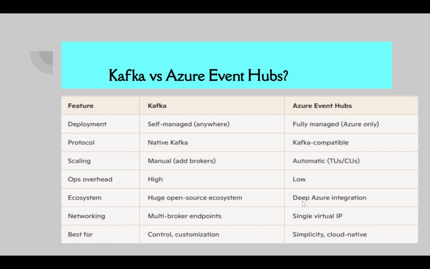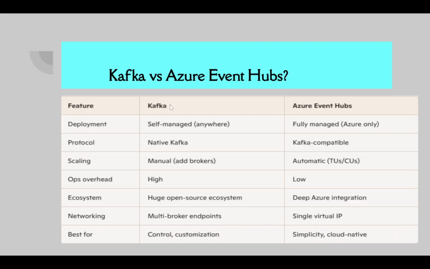And Azure Event Hubs has deep Azure integration. If you are using Event Hubs you have to use Azure, but Kafka is open source. Networking: multi-broker endpoints to manage the network for Kafka, but for Event Hubs a single virtual IP.